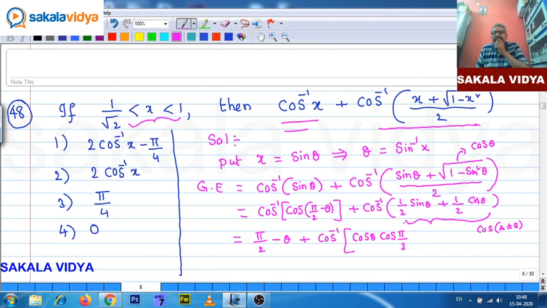Wait, there is a mistake here, okay, right. Now sin theta plus cos theta you will get it, but we cannot write it.